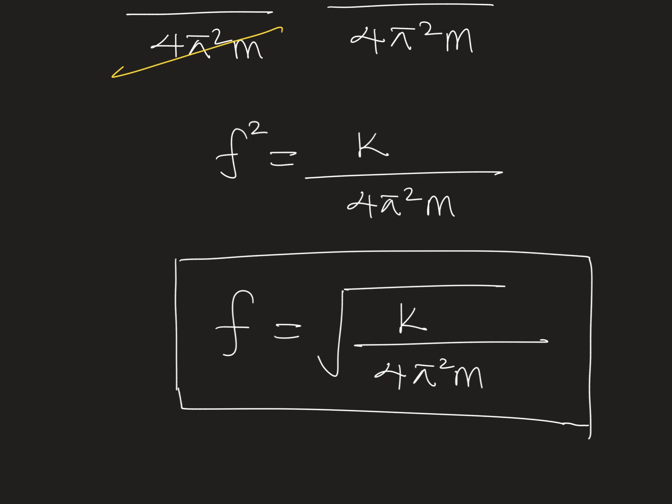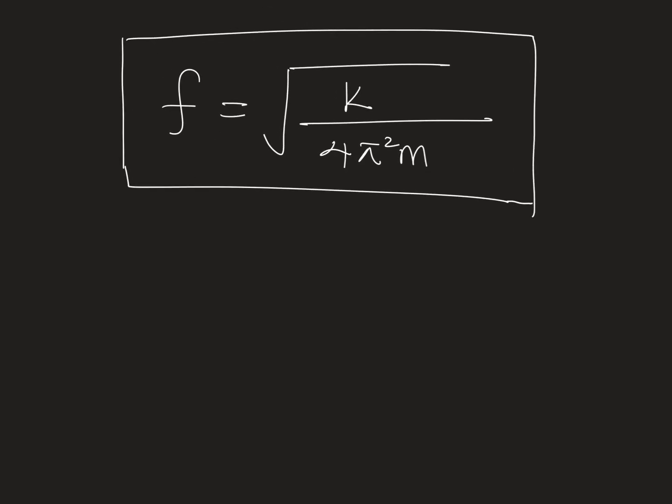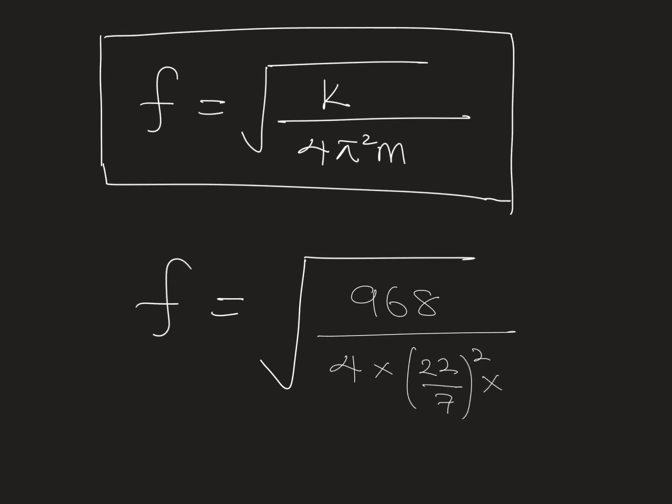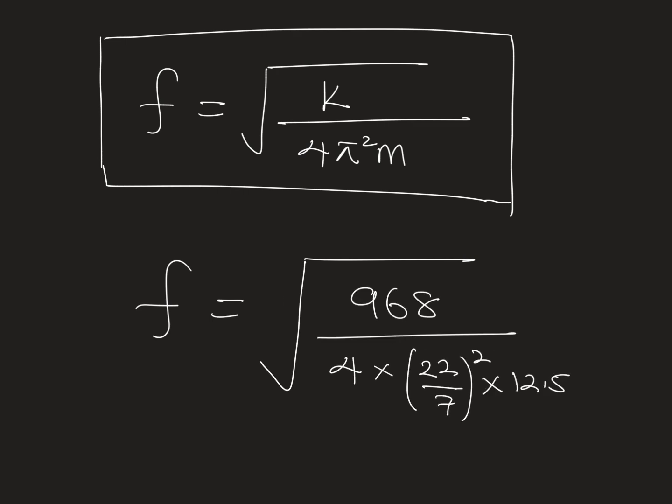Okay, now if we want to use this, that will be F is equal to the square root of the spring constant, that is 968, right? 968 divided by 4 times pi, which is 22 over 7, squared, times the mass, which is 12.5.